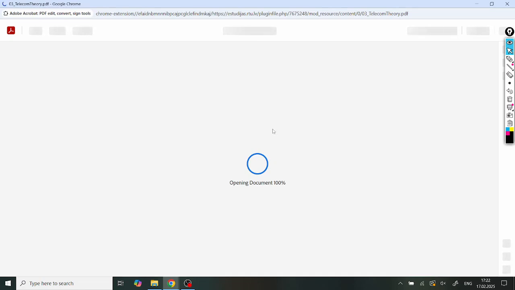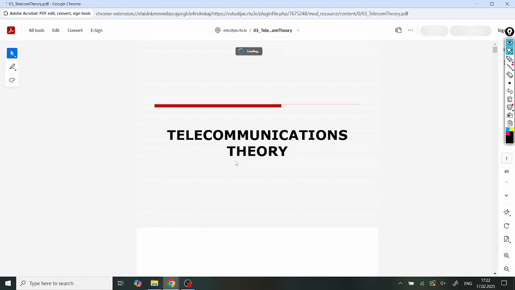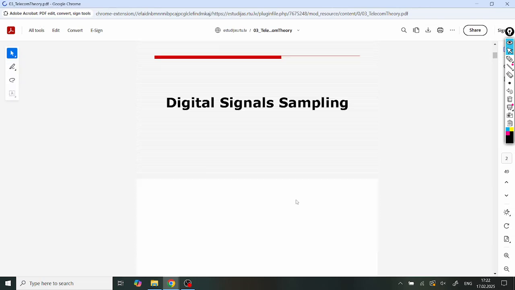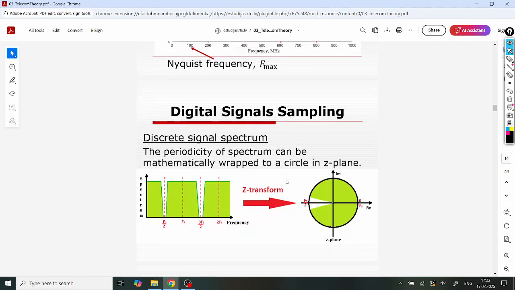So you think of it as wrapping this entire spectrum in a circle because it's going to infinitely repeat over and over and over each 200 megahertz, all the way up to this point. And this procedure is called the Z transform.